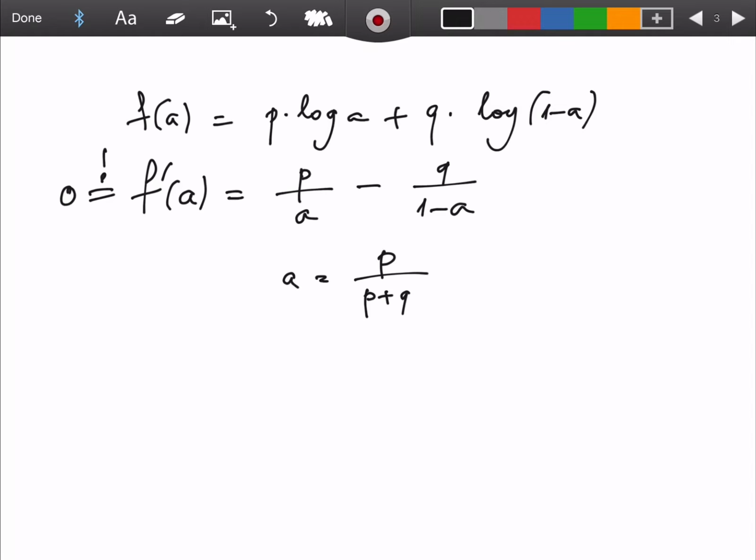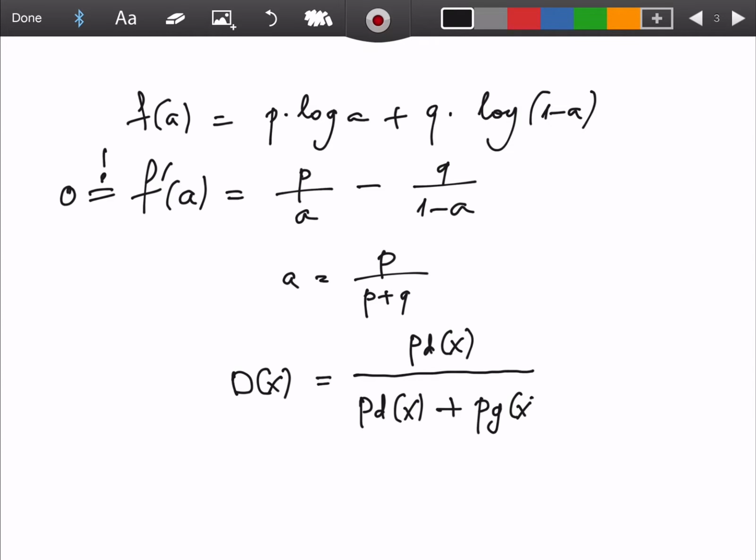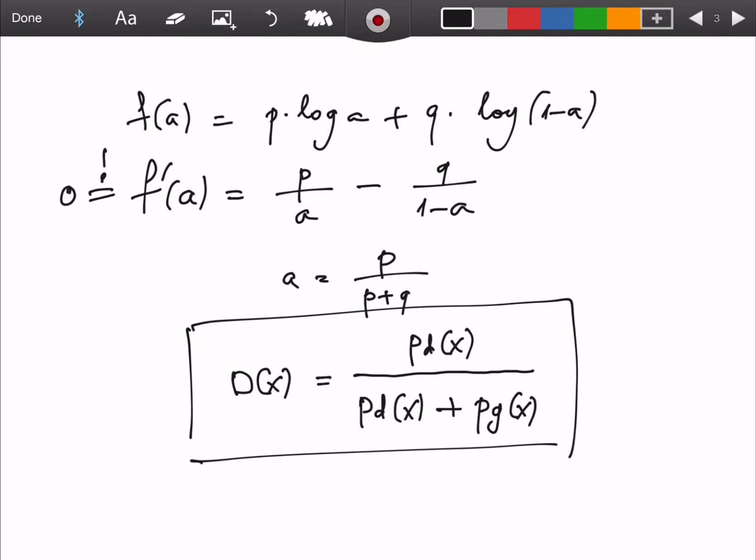Let's substitute back what P, Q and a mean. a is D(x), and this is true for every x, obviously. P was PD at point x, and Q is PG at point x. So we have a closed form for our discriminator.